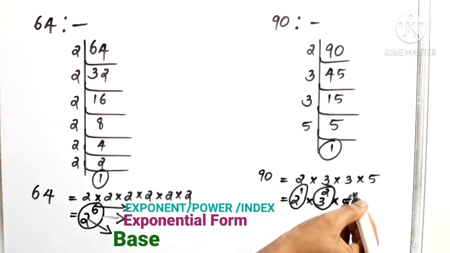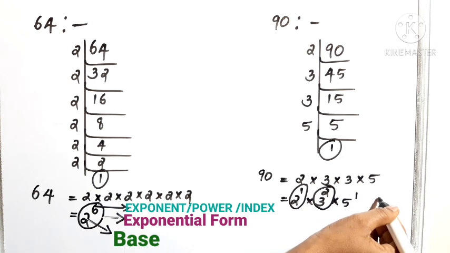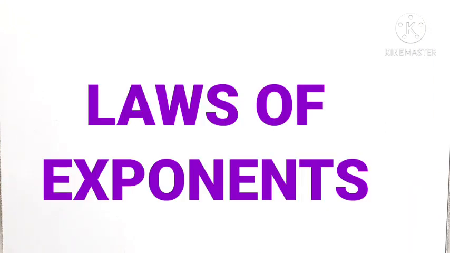Here power or exponent or index is 1, a base here 5. Okay, clear no? We are going to discuss about exponential laws. Some exponential laws we have learned in the 7th class, right?